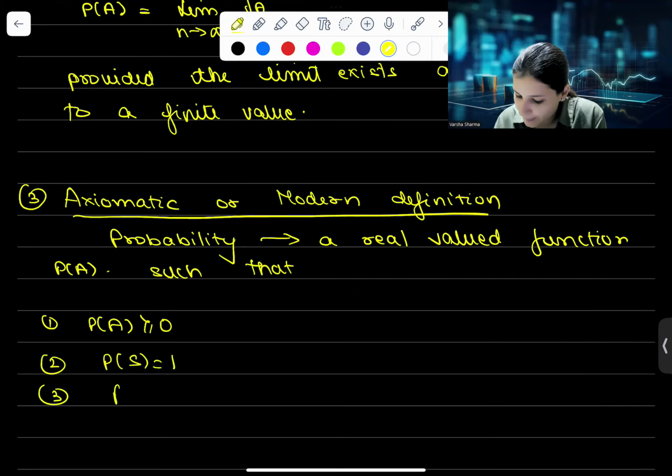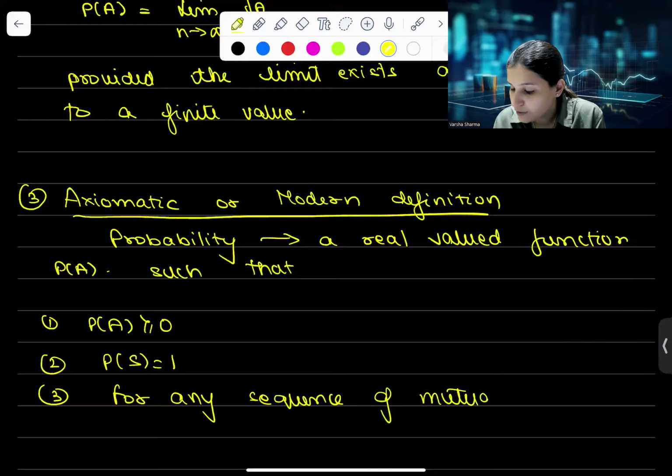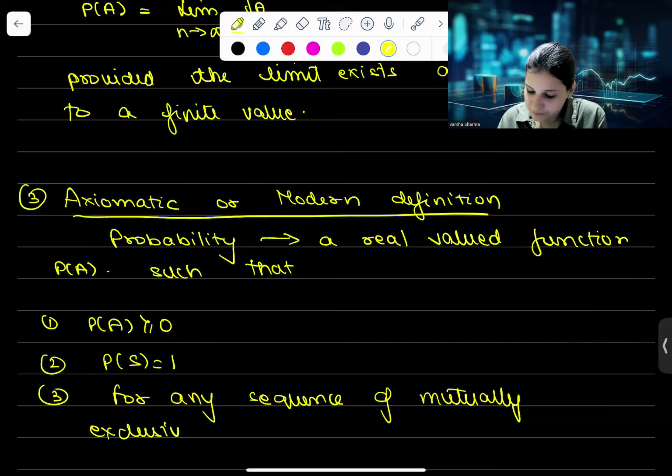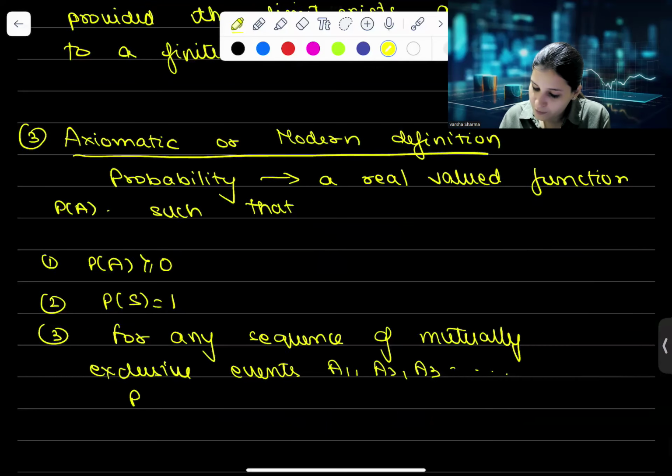And third, for any sequence of mutually exclusive events A1, A2, A3, and so on, the probability of their union, instead of union, you will be able to write addition.